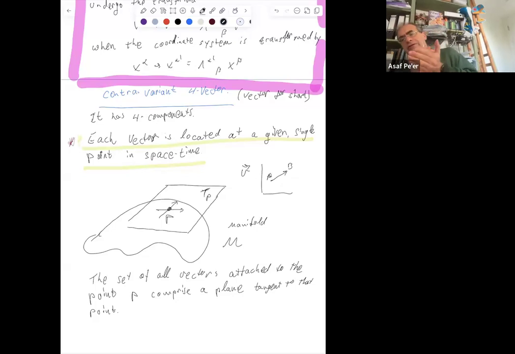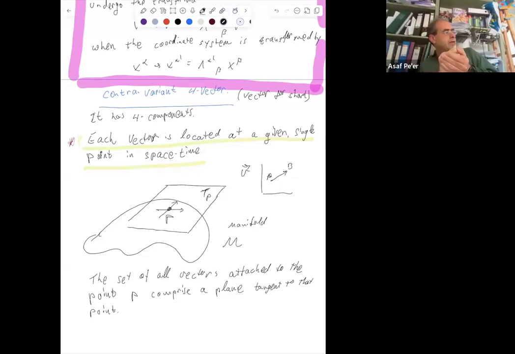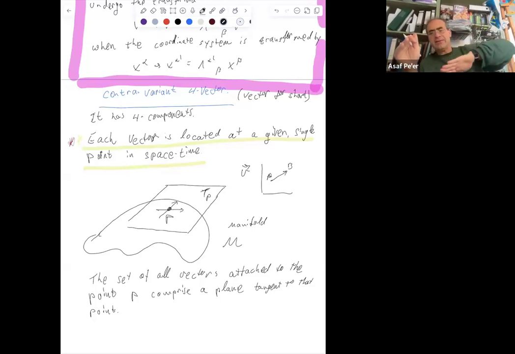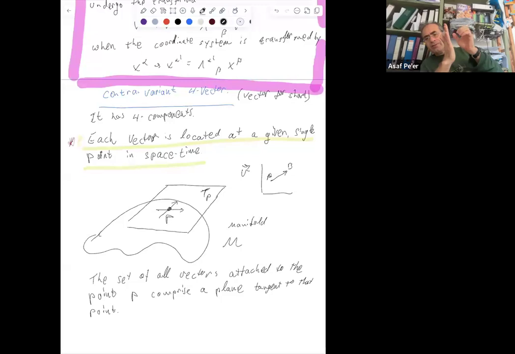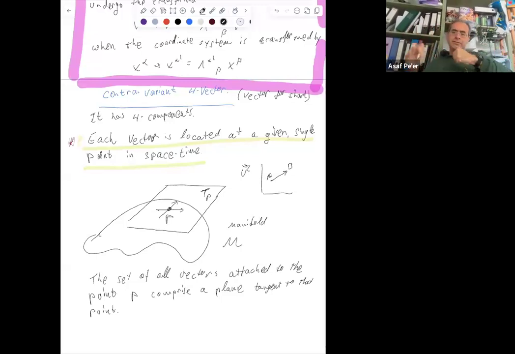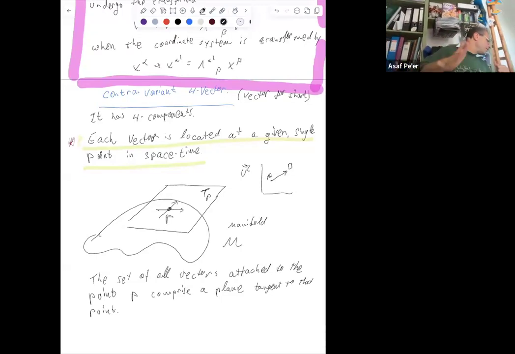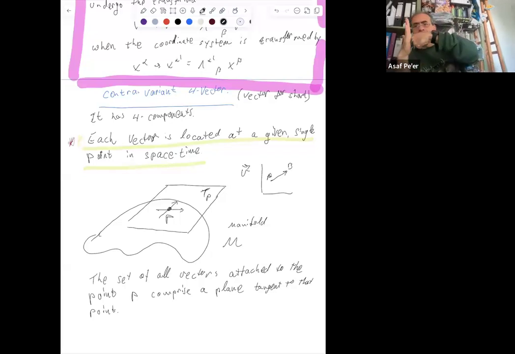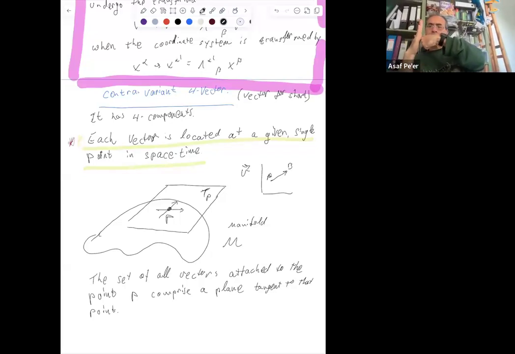So really, again, think of a sphere. We take a ball and then take a piece of wood or flat paper and just attach it. It will touch the ball at a certain point, the point P. So if I have a ball here and a flat surface, I don't have it with me, but it will touch the ball at one point.